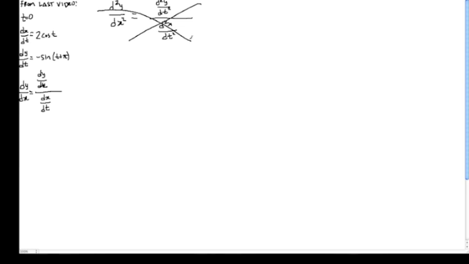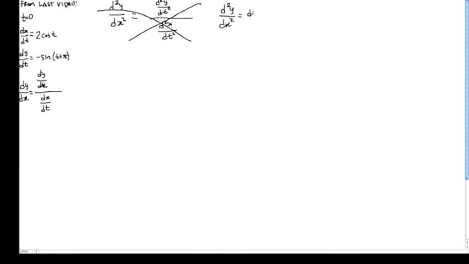The actual way to get the second derivative is like this. The second derivative, as we see here, is actually just the derivative of the first derivative, right? So let's write it like that.